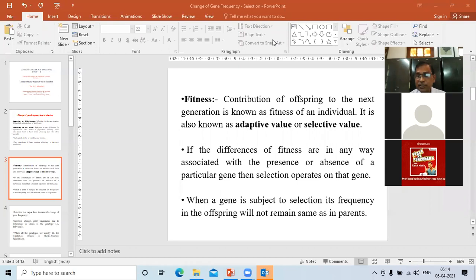No. Even in the case of mice, if the litter size is 6 to 12, that means at one birth they will produce 6 to 12 pups. Some can give birth to 6 pups, some 7, 8, 9, 10, 11, some 12. It means all the females do not have equal fertility. Clear?